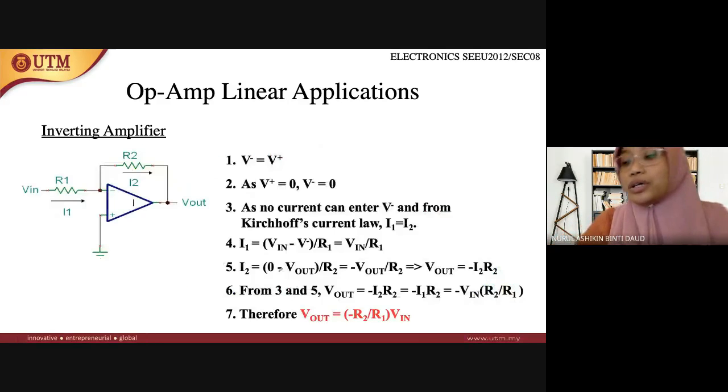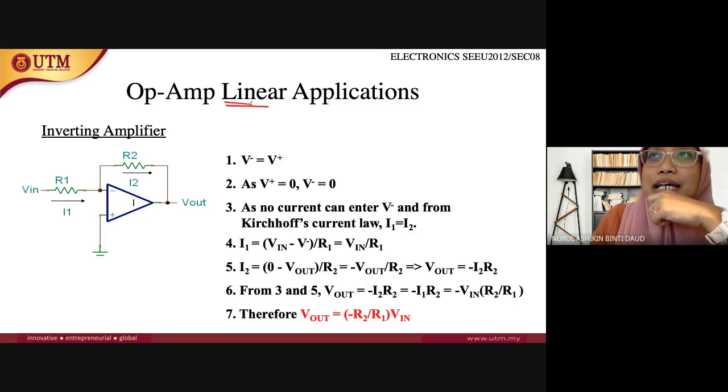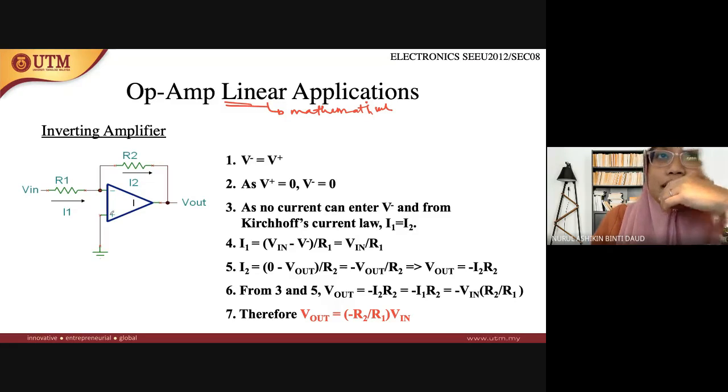So let's look at how to analyze these applications. Since these are linear applications, we will solve them using mathematical calculations. Since the positive terminal, the non-inverting terminal, is connected to the ground here, V plus is 0.